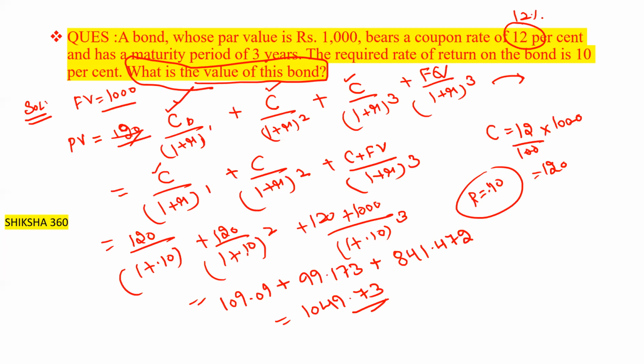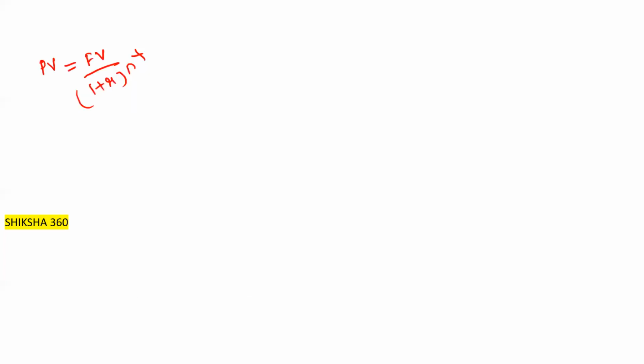In that case we are using the formula of the ordinary annuity, that is A upon r into 1 plus r power n minus 1 upon 1 plus r power n.